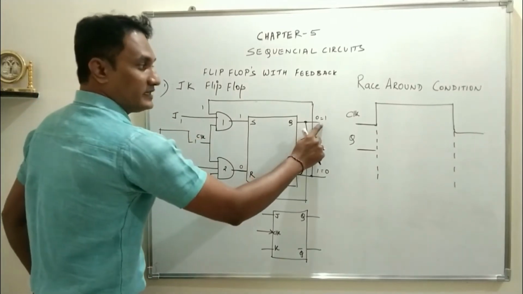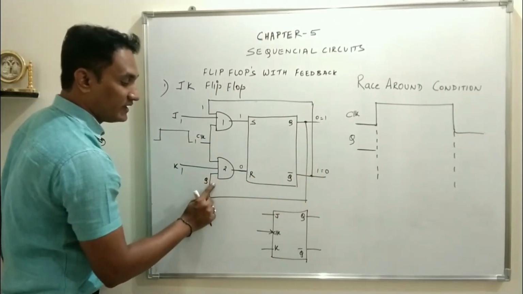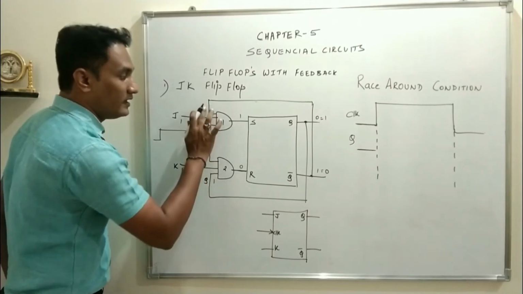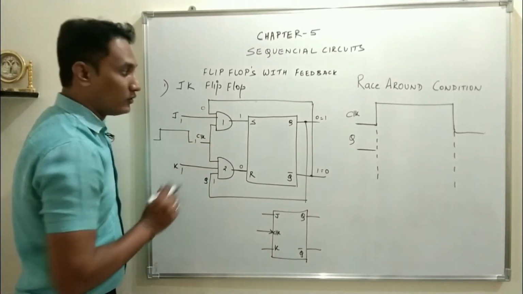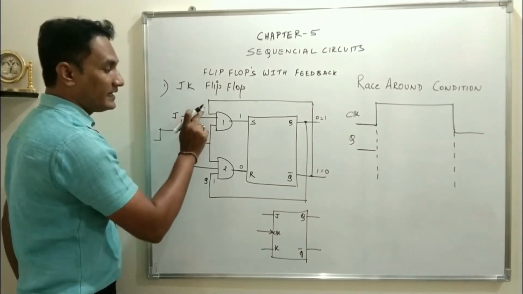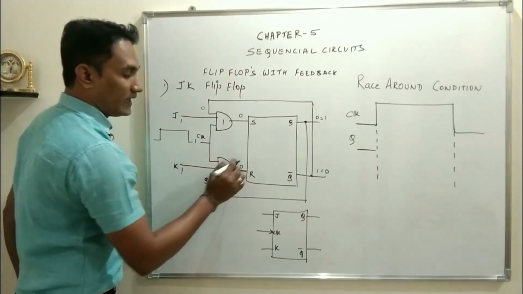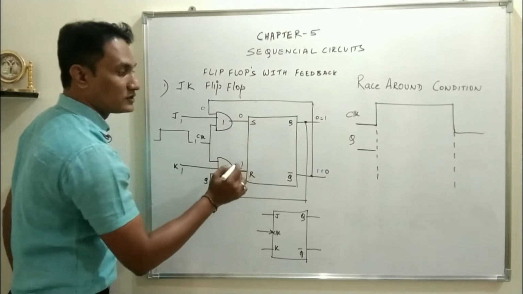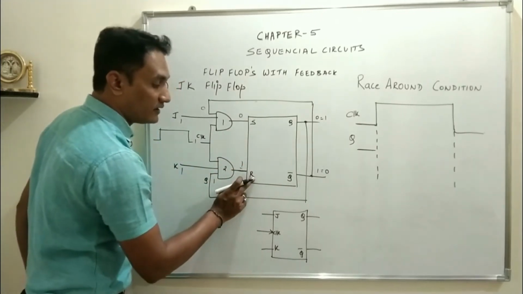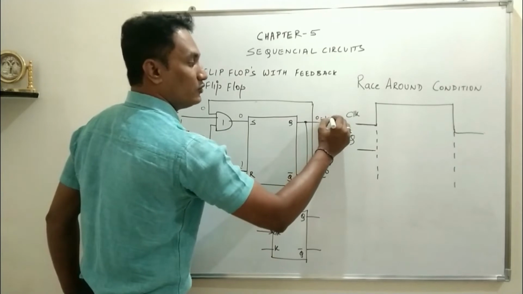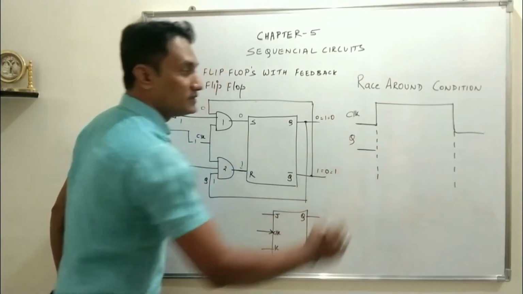So any change in output will provide a change in the input, which makes Q equal to 1, Q bar equal to 0. So now the output of the first AND gate will be 0, 1, 1, the output will be 0, and the second AND gate 1, 1, 1, the output will be 1, which makes S equal to 0, R equal to 1, and triggering given to R, which stands for reset, therefore Q will again go back to 0.